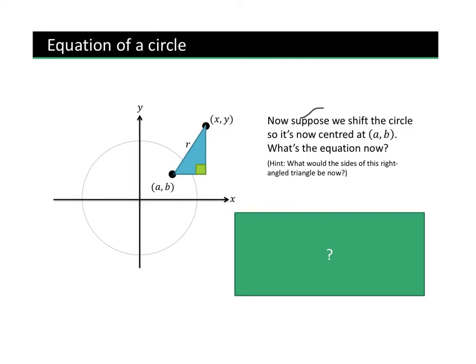our centre is now (a, b). So now our circle is actually not in the centre. What do we think is going to happen? Take a really good think about this.